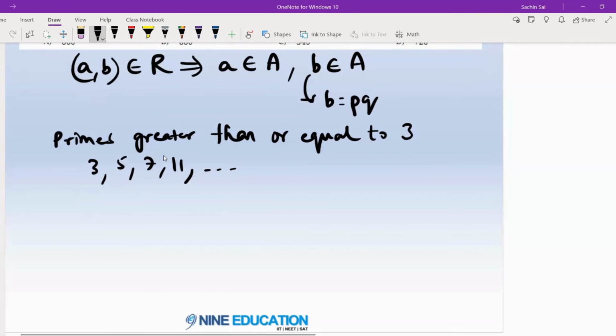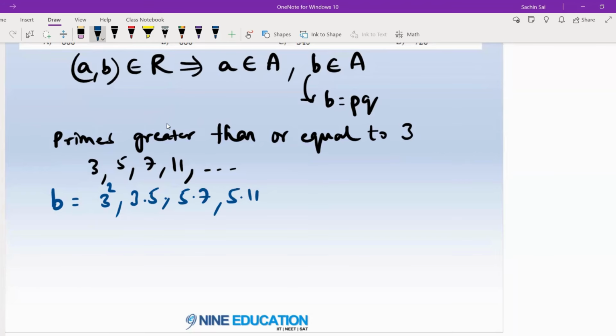Now, how many products can I form here? So B can be either 3 square, 3 into 5, 5 into 7, 5 into 11, or let's put it in a more ordered fashion. So 3 square is a product of 2 primes. 3 into 5 is a product of 2 primes. 3 into 7 is a product of 2 primes. 3 into 11.